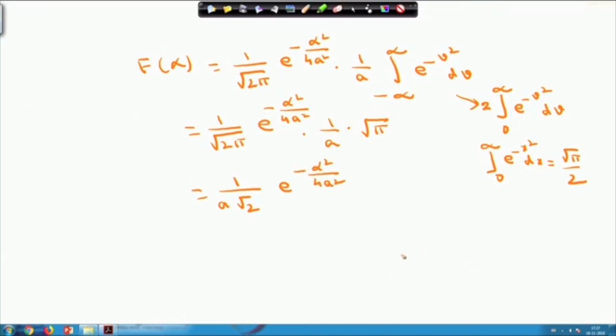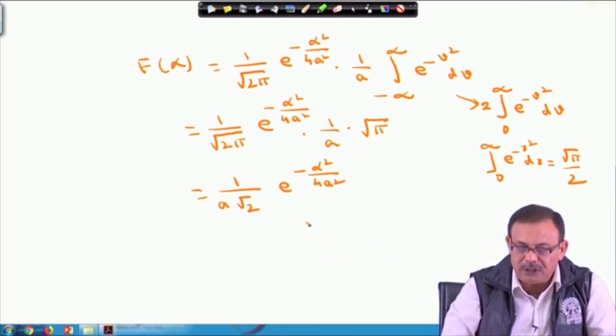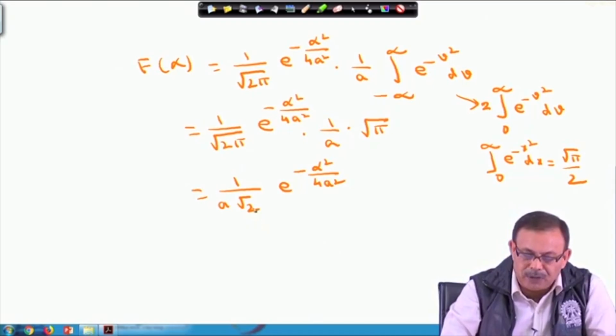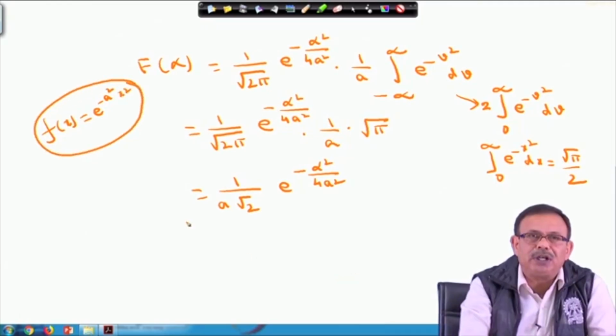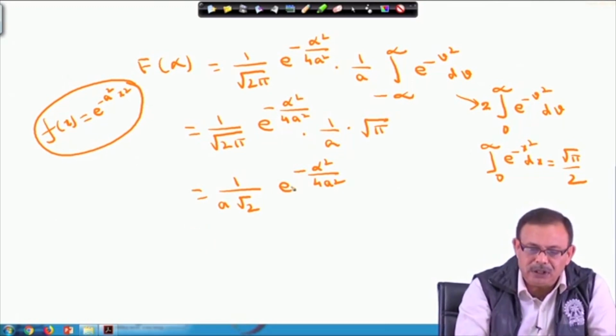You are obtaining that the Fourier transform of the given function is 1/(a√2) into e^(-α²/4a²), and my function was f(x) equals e^(-a²x²). This is my f(x). So, the Fourier transform of this function is this one.